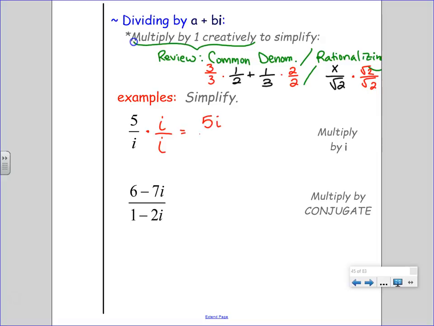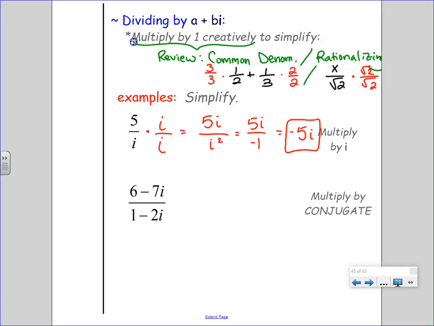On top we get 5i, on bottom we have i squared, and i squared is the same thing as -1. We take the coefficients, 5 divided by -1 is -5. I don't have to leave this 5/i. That's sad, and improper.